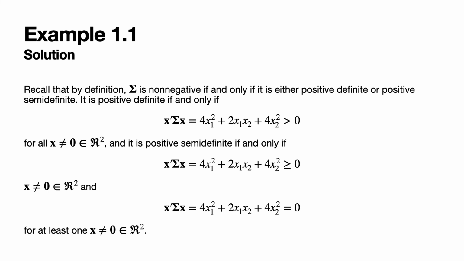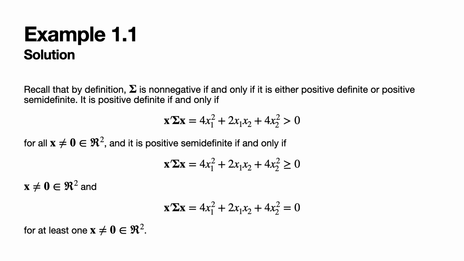Now recall that by definition, cap sigma is non-negative if and only if it is either positive definite or positive semi-definite. It is positive definite if and only if the quadratic form x prime times cap sigma times x, which is equal to, in this case, 4 times x1 squared plus 2 times x1 times x2 plus 4 times x2 squared, is strictly greater than 0 for all non-zero vectors in two-dimensional Euclidean space.